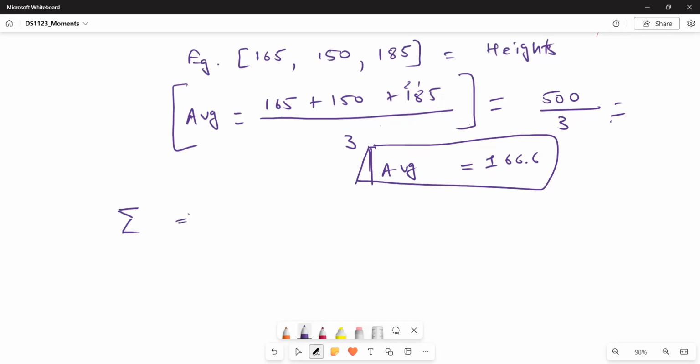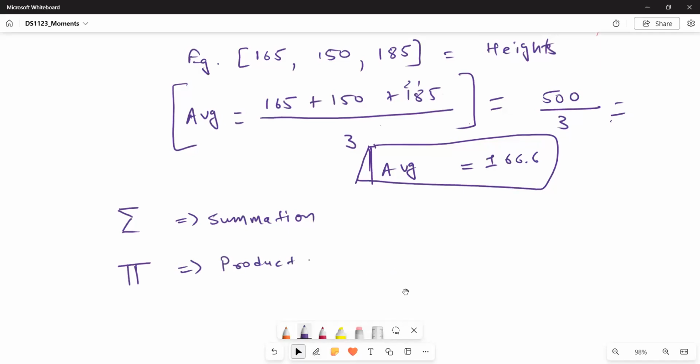This stands for summation, which means you're going to add a few things. And if you're going to multiply, it's represented using the symbol pi. This is the product function. Product is a more technical term than multiplication.